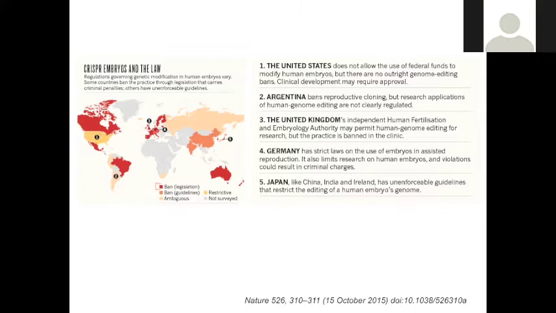In other parts of the world, for example, here in the United States, it does not allow the use of federal funds to modify human embryos, but there are no outright genome editing bans. So you can see that generally, at least in the Western world, it is highly restrictive, highly controlled, and really not possible to apply this to humans. And of course, it raises huge ethical questions if anyone were to consider it.